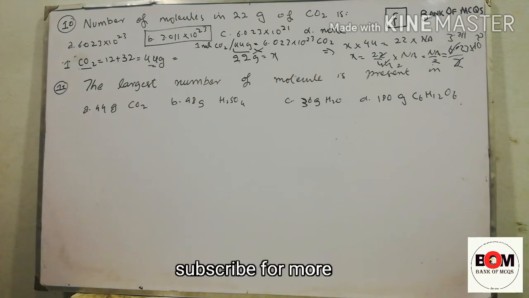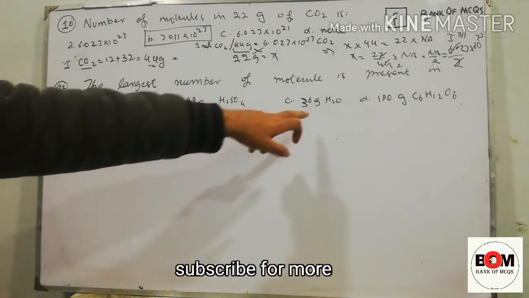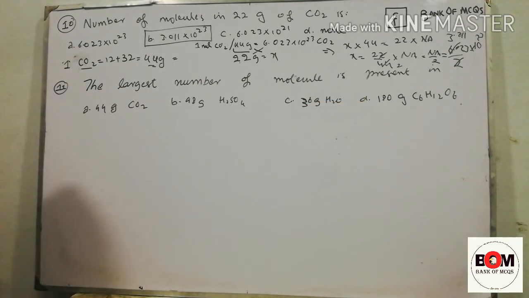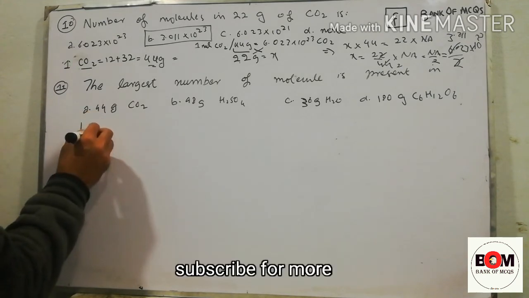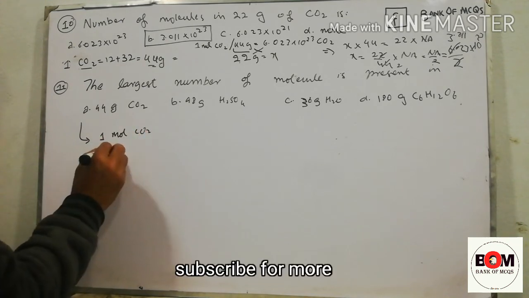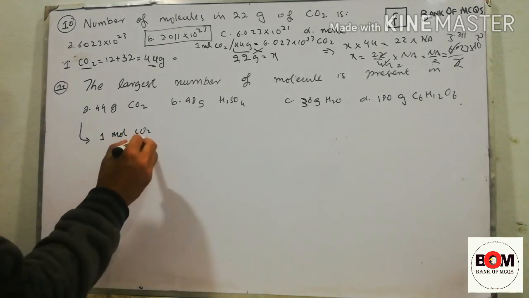Now, the largest number of molecules is present in: 22 gram CO2, 98 gram H2SO4, 36 gram water, or 180 gram of C6H12O6. For carbon dioxide, we know that 1 mole of CO2 is equal to 44 gram because the molecular mass of CO2 is 44.